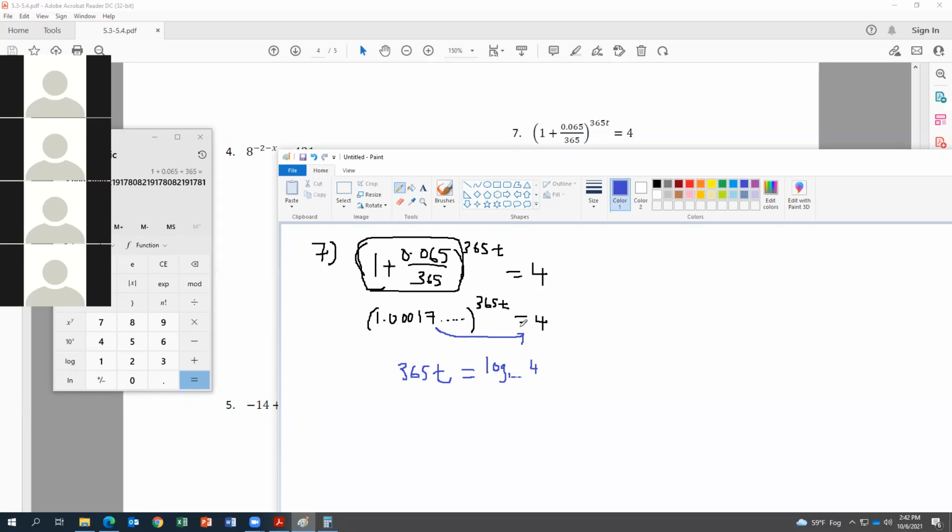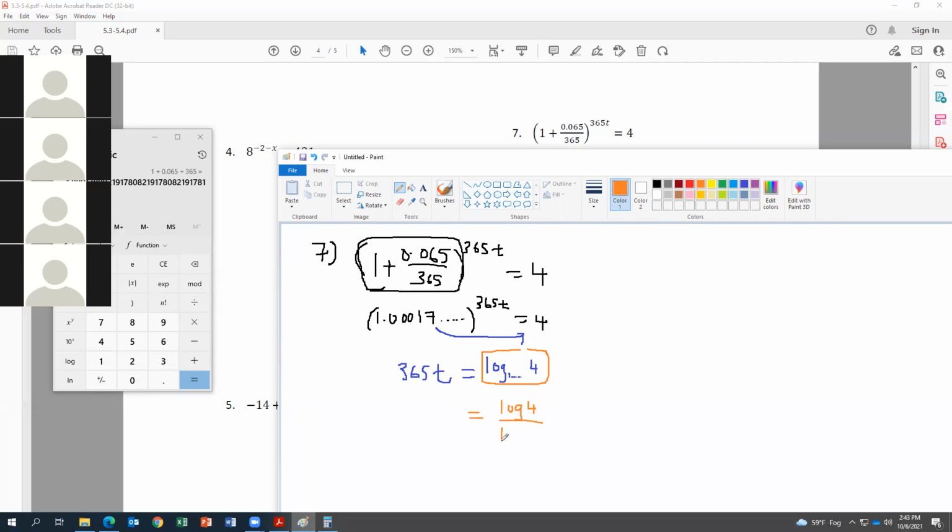Okay, make sure when you move down, it becomes log base that, so move your base. Can someone figure out what this is? Log 1.0017, all this over, so this is log 4.